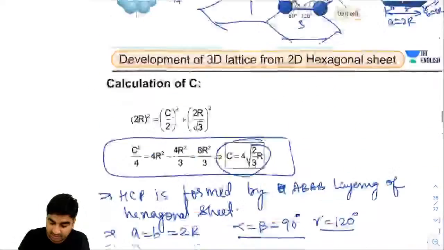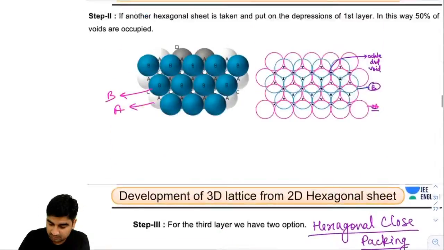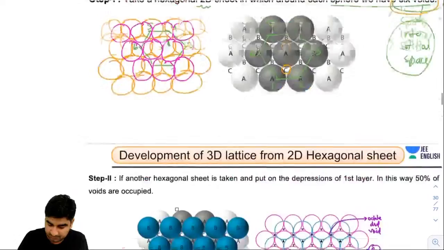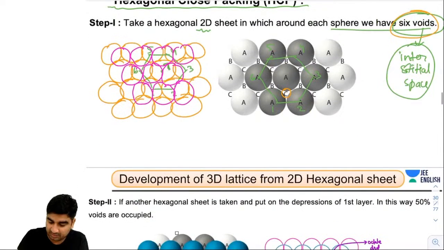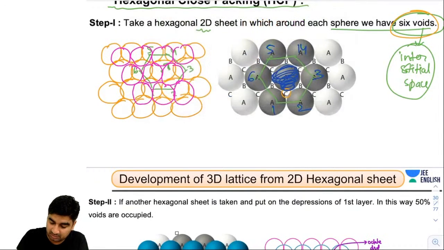Coordination number of atoms, guys. If you take any atom, suppose I am taking this atom, this A, it is touching 6 atoms in its own layer, and then when I arrange another layer over it, it will again touch 3.